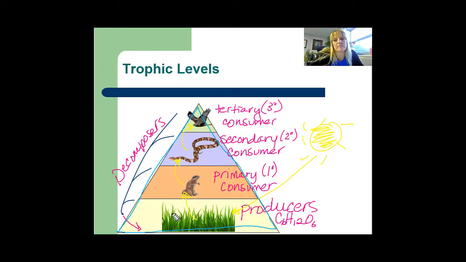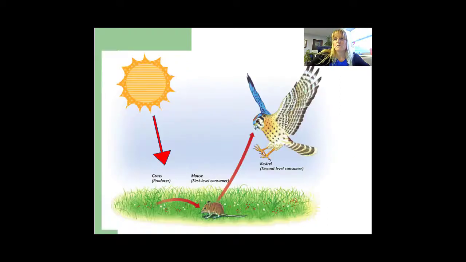This is effectively why you'll see in an ecosystem, the most populous organisms will be the producers, and the least populous will be the apex predators or the tertiary consumers. So when that's represented in food chain form, you have the sun again producing the original energy. Grass, or any producer, but in this case grass, is harvesting the energy from that.